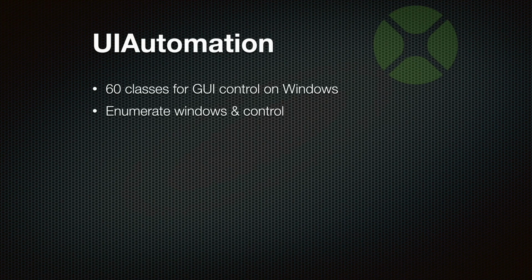You can invoke controls. You can scroll an area. You can put in text, read text. And it's a great way if you need to do some UI scripting, for example, for automated test of your user interface, or to just control another application which you can't automate otherwise.